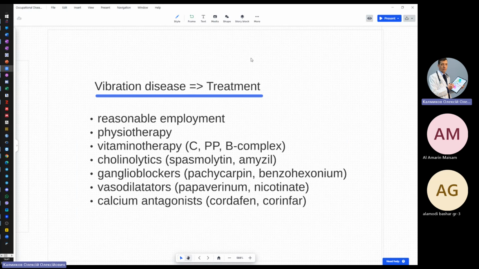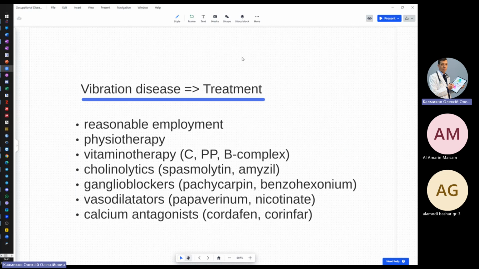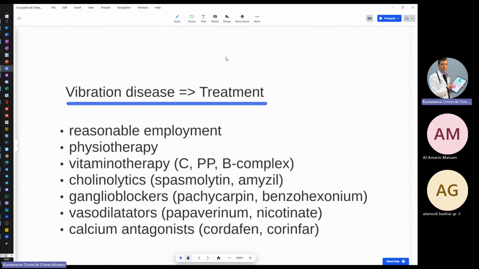Treatment. The treatment of vibration disease is non-specific at all. It's mostly related to reasonable employment and to physiotherapy. Again, physiotherapy in terms of some baths and a wide variety of electro, ultrasound, what else?